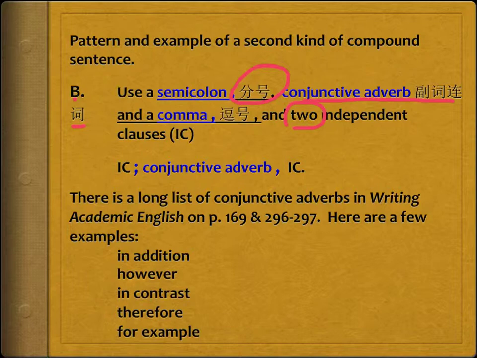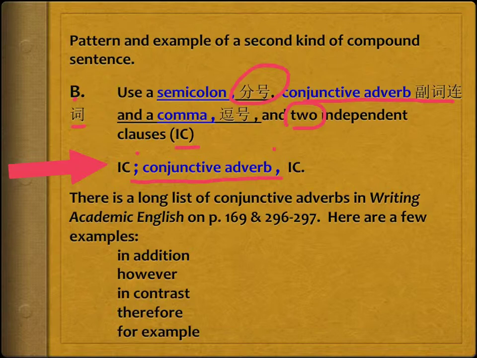A compound sentence always has 2 independent clauses. Here's the pattern. Independent clause, and here's the glue. A semicolon, the conjunctive adverb, a comma, and the independent clause.